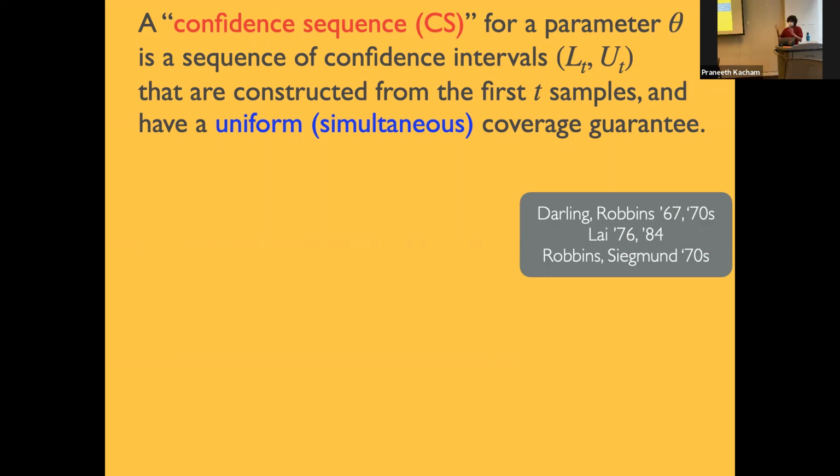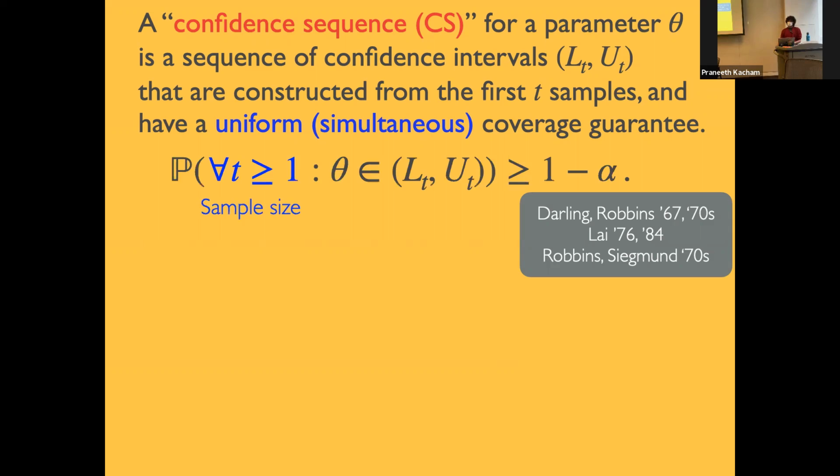Okay, so here's the definition. A confidence sequence for a parameter theta that you don't know is a sequence of confidence intervals, L_t U_t, L for lower, U for upper, and t indexes that they're constructed from the first t samples. They have a uniform or simultaneous coverage guarantee.